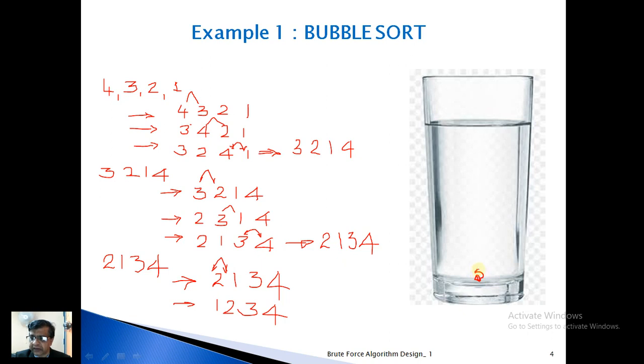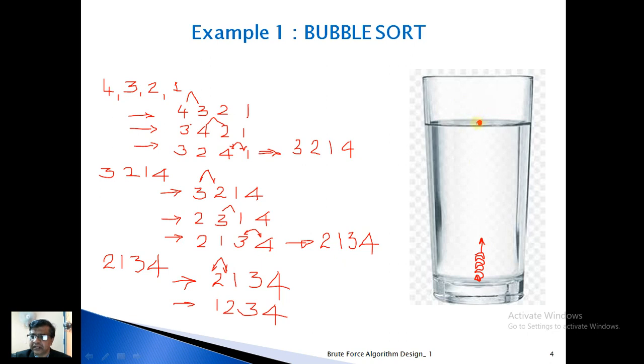It rises very quickly, replacing every other molecule of water which is weightier than the air bubble. It rises to the top vertically.